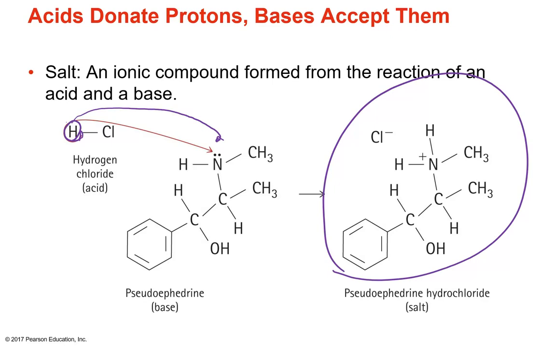But here we're talking about between molecules. So it's an ion, and what do we call it when we have the electric charge not uniform, a dipole? So this is forming an ion dipole bond to hold that hydrogen in place for the pseudoephedrine hydrochloride, for the salt. All with me?